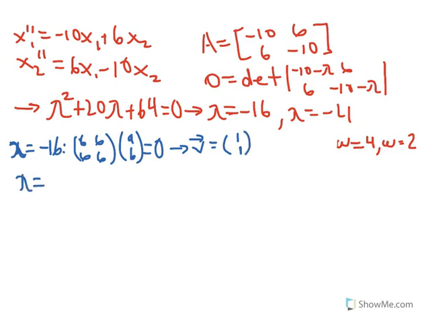And similarly, for lambda equals negative 4, we get negative 6, 6, negative 6. Nope. This should be a 6 and negative 6. Equals 0.